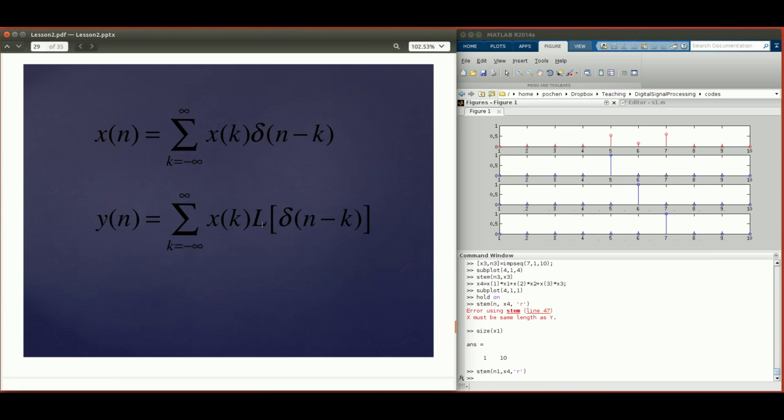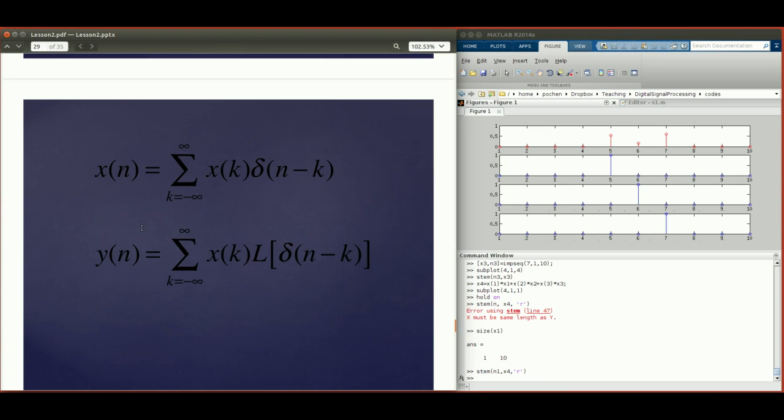So by assuming that your system is linear, you can already get some useful results about the output. The input is a superposition of shifted delta pulses, and the output is going to be a superposition of the outputs of the system when the input is a shifted delta pulse. Do you see the usefulness? And the coefficients are exactly the same. You don't have to change anything.